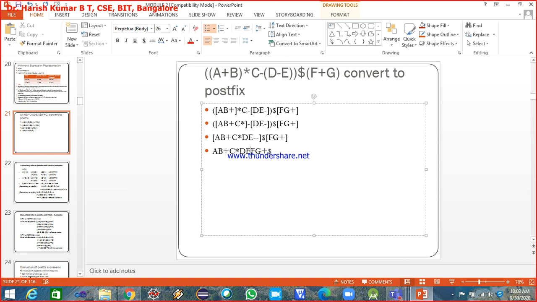Understood now? Any doubts in this? No, sir. Okay. Now similarly convert the same expression to prefix. So this is postfix. Now convert it into a prefix expression. Do it.